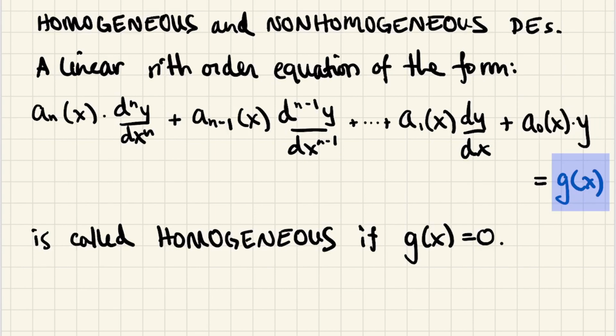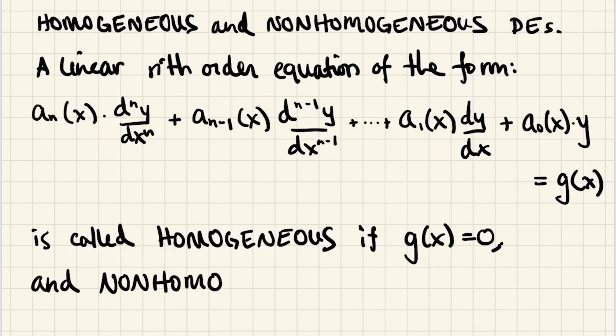Everything that's not multiplied by the dependent variable or its derivative is just pushed to the right-hand side and called g of x. Now, if there are no such terms, meaning g of x is 0, so the right-hand side is 0, then this equation is called homogeneous. Otherwise, it's non-homogeneous.